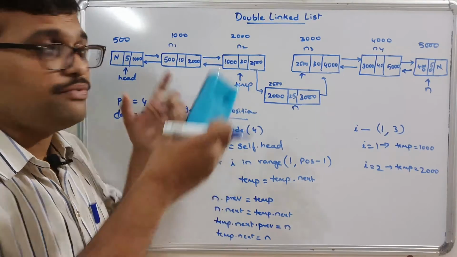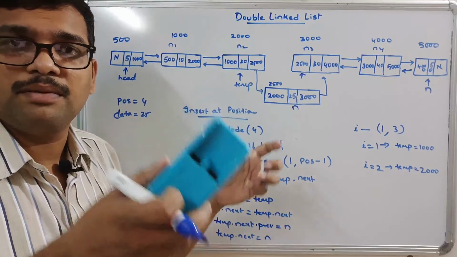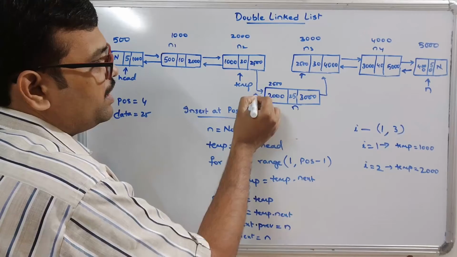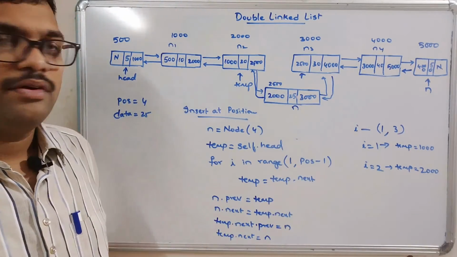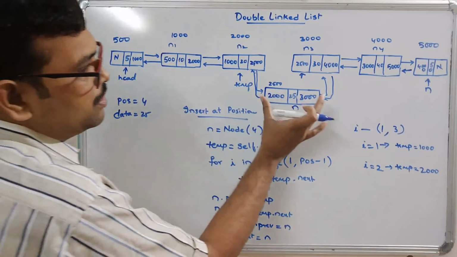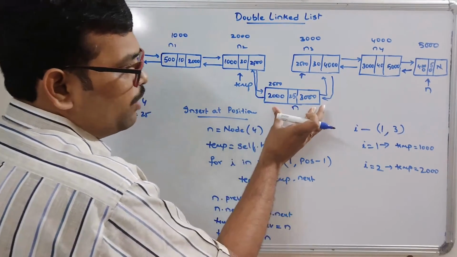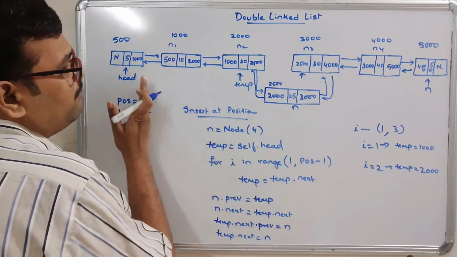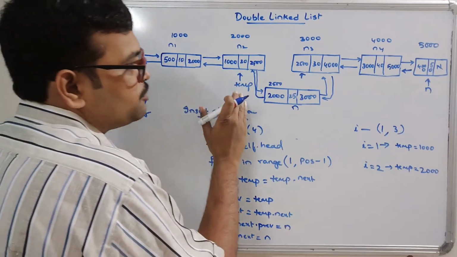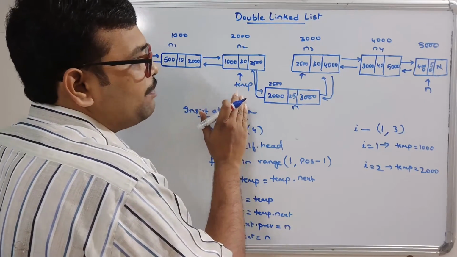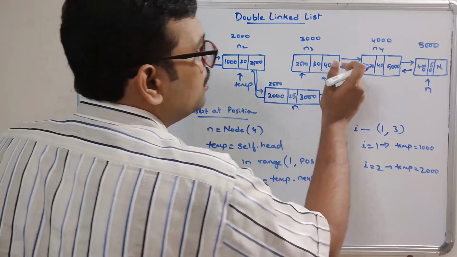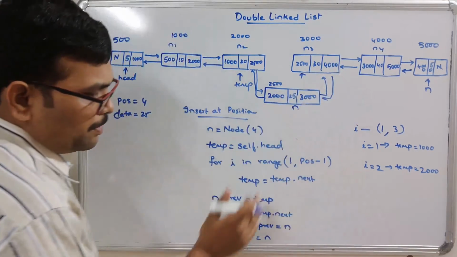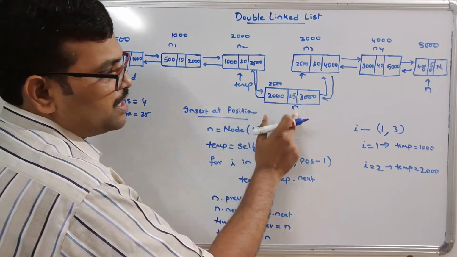So this is very easy. If you draw some nodes for this example, it would be very easy to write the code. First we need to insert the node. We have created one node, then we have traveled from the first element to position minus 1, so that we can establish a link between position minus 1 and the new node, and between the new node and the next node. For that purpose we take n dot previous and n dot next.